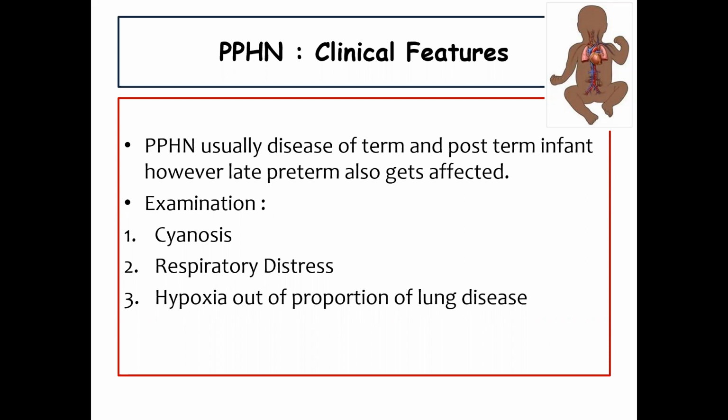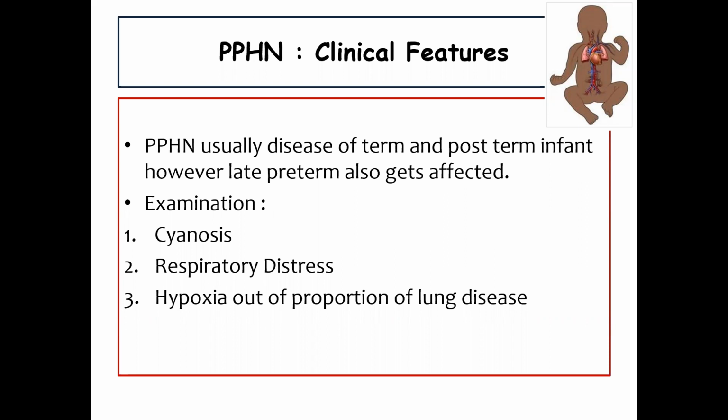On examination, the baby tends to have hypoxia, and we know that when hypoxia results in significantly decreased saturations, with saturations dropping to less than 85–80%, we start seeing clinically overt cyanosis. There is respiratory distress, which may depend on the severity of the underlying parenchymal disease. Of course, with idiopathic PPHN, one may not find significant respiratory distress, but this is relatively rare.